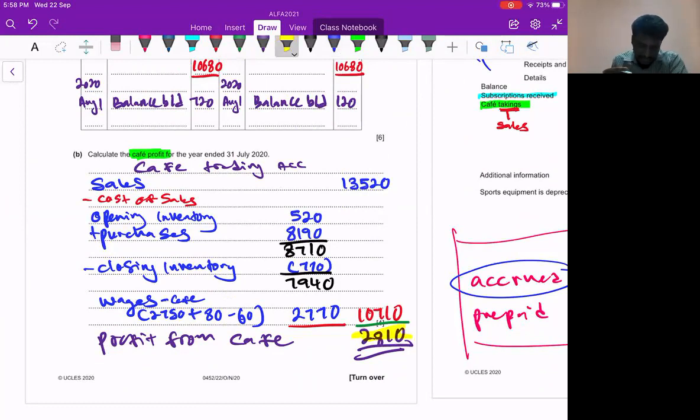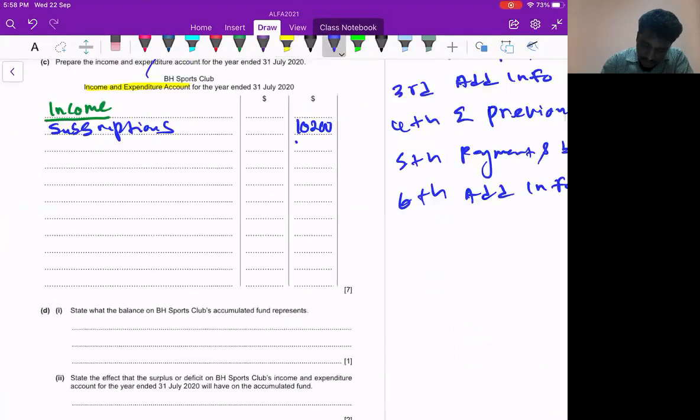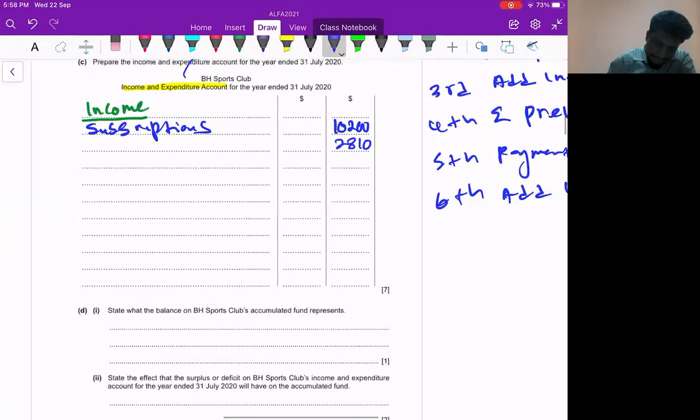If it is a profit, then it's an income. So income 2810. That's my profit from cafe. Or you can write profit on cafe also, same thing.